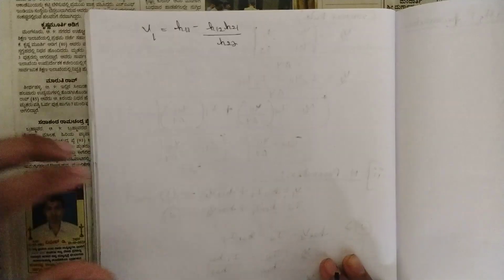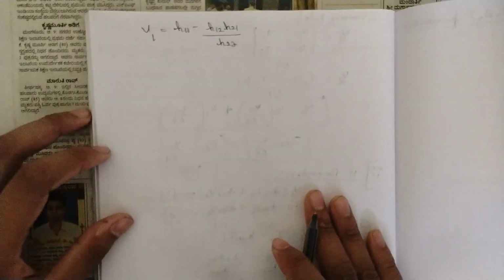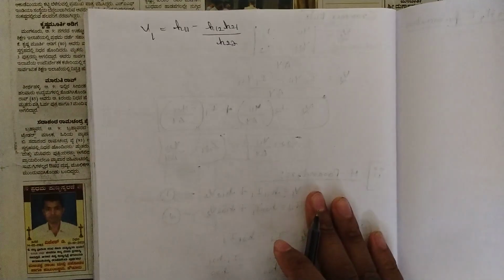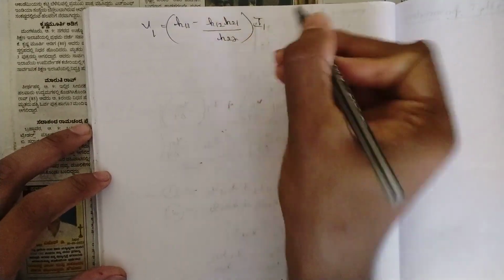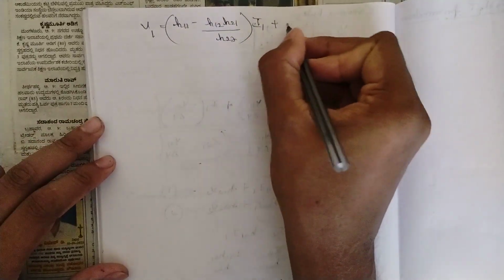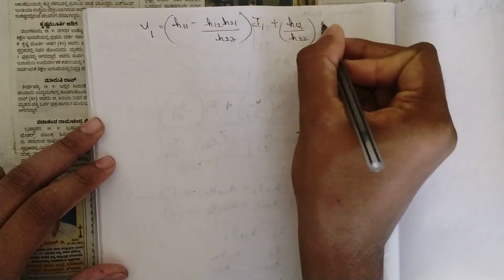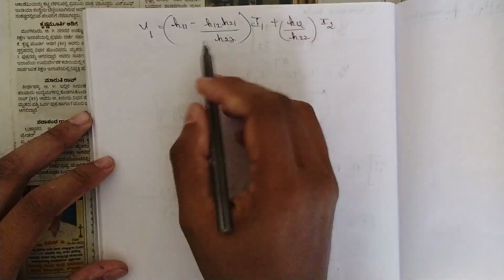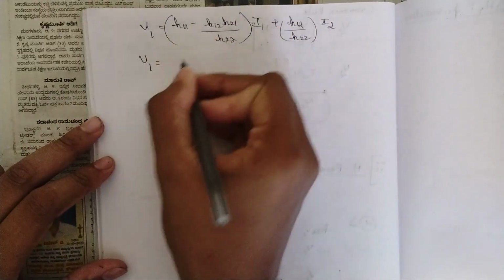Keep it in mind. And I1 is taken common, plus H12 by H22 I2. Now solve inside this, that is V1 is equal to, cross multiply.